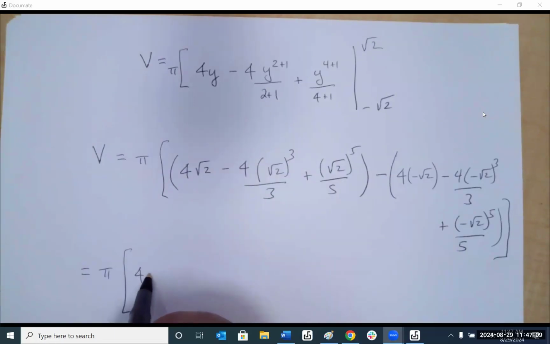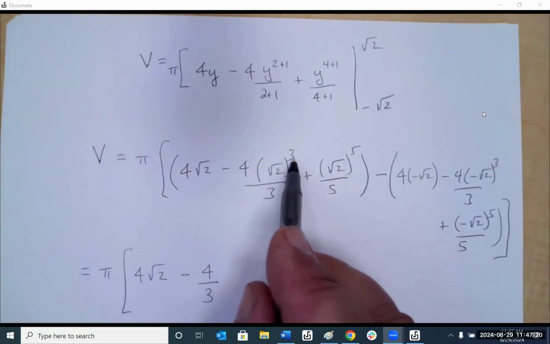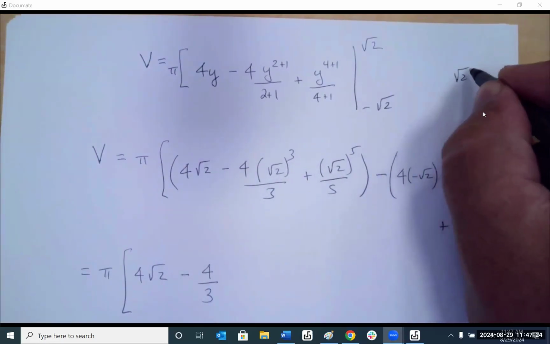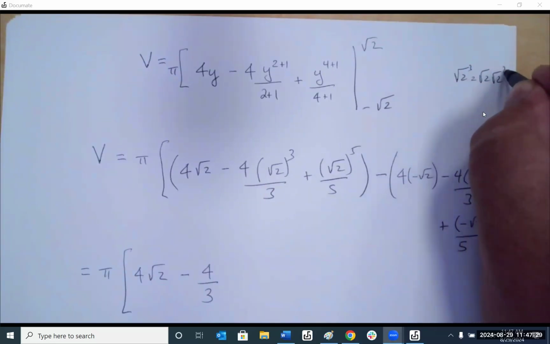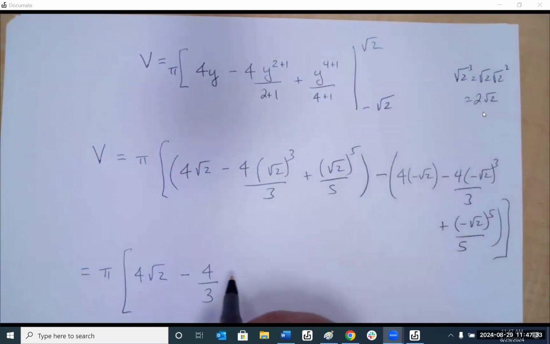So 4 radical 2, radical 2 cubed. Radical 2 cubed is radical 2 times radical 2 squared, which becomes 2 radical 2.